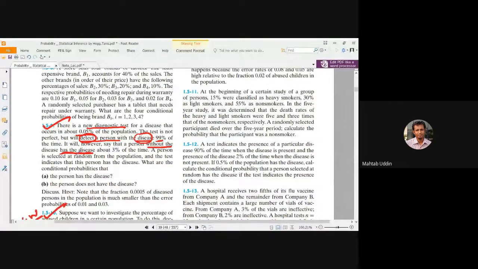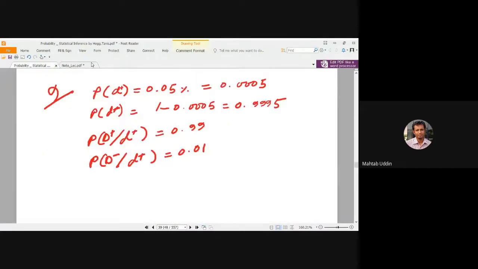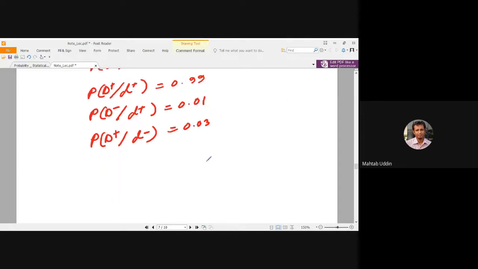There is no disease, but the test says it is present. What is the percentage? 3%, sir. So though the disease is not present, it is detected with 0.03. This is the false positive.